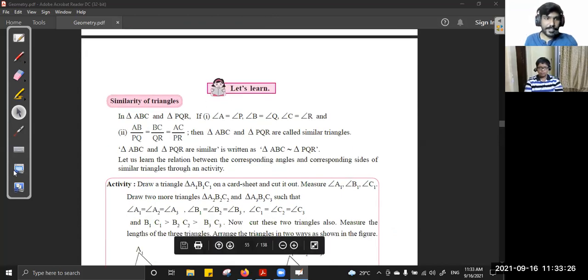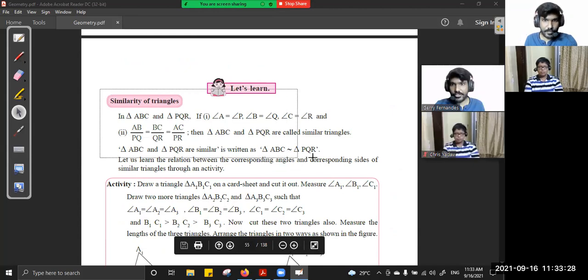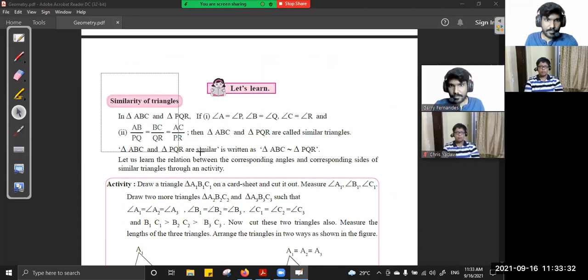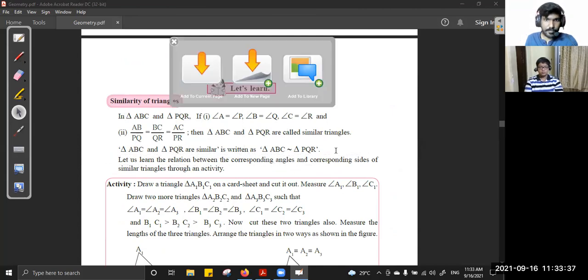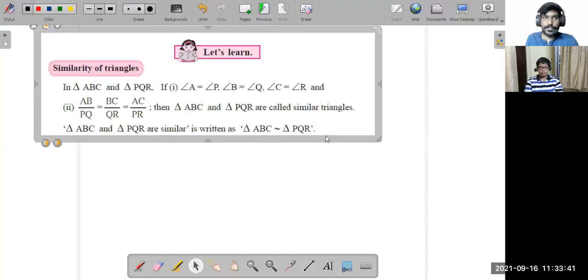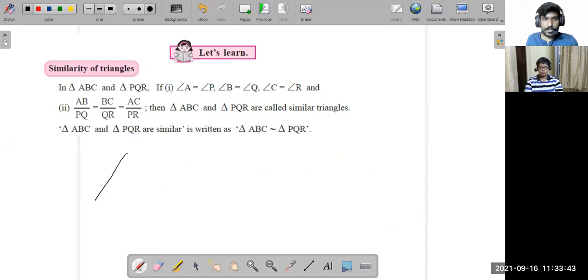So here is the definition. This is a simple definition of two triangles to be similar. So I'll draw a figure also.